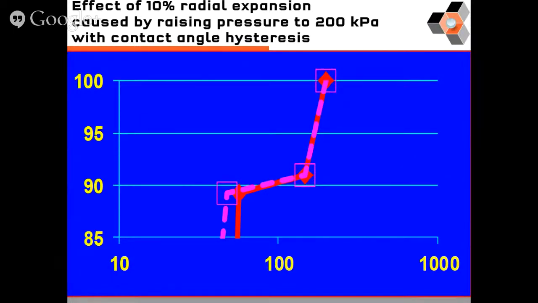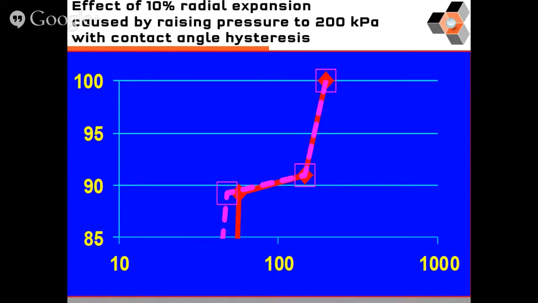The darker red line is going in, the dashed purple-pink line is the one coming out. And at the top, they sit on top of each other, and that is an indication that you're compressing the sample, not actually intruding. And in fact, from that, you can get a bulk modulus out of that.